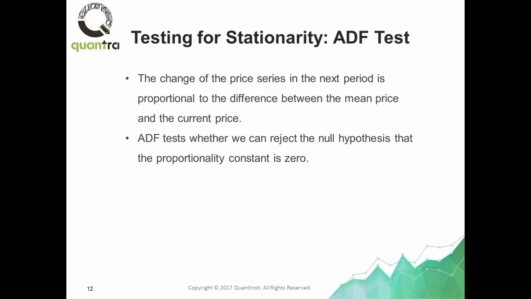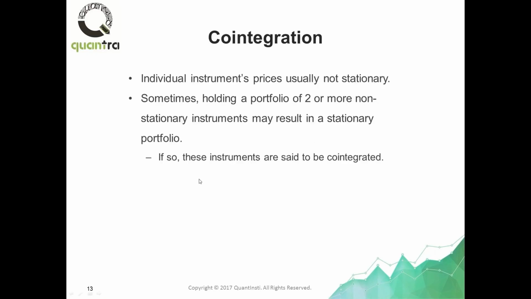And if we can reject the null hypothesis that that proportionality constant is zero, then there's a good likelihood that this price series is stationary, that it is mean reverting. I'm using mean reverting and stationary synonymously at this point. Okay, so that's called the ADF test. It's nothing but a statistical significance test of the regression coefficient to see if it is zero or not.